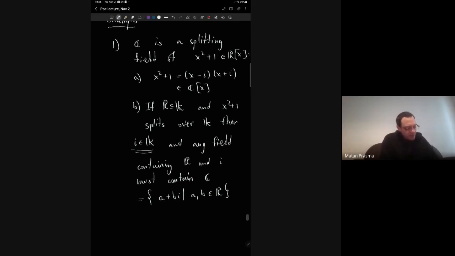Now, the second example, maybe just to connect it to the other definition: you can view C as the minimal field containing R and i, right?